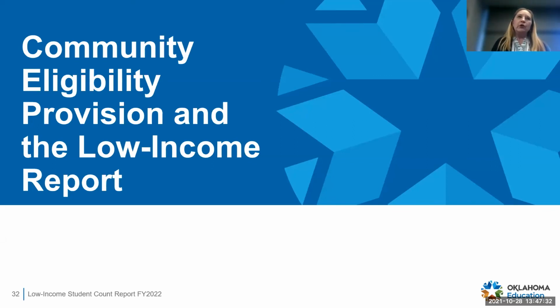Your 5 to 17, you're going to have to figure out from, so if your October 1 enrollment's 1,000 kids, you're going to have to go into your lunch system or your student information system, and physically figure out who needs to be taken out of the 5 to 17-year-olds who are under 4 and who are 18 or over.